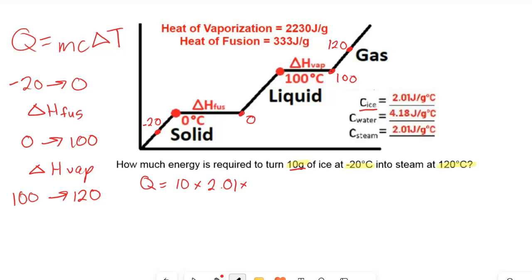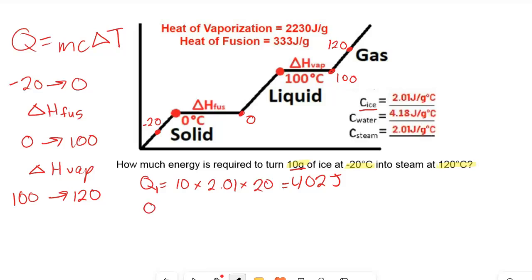So we're going from negative 20 to 0, so the temperature changed 20 degrees. We plug that into our calculator and we get our answer, which is 402 joules. And that's how we get the Q for our first section.